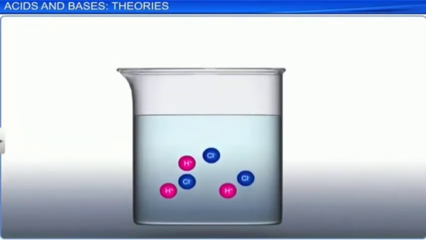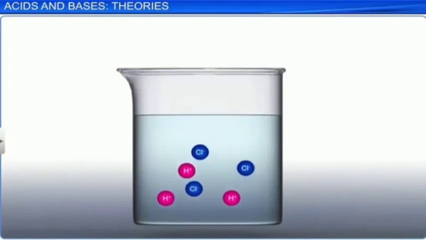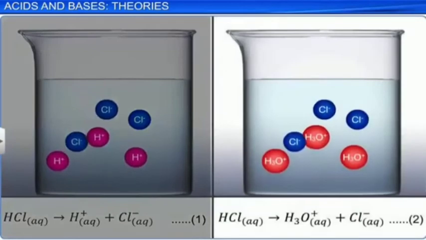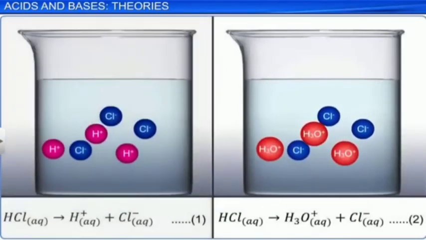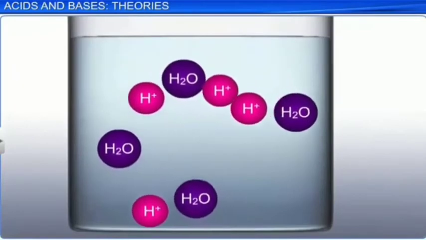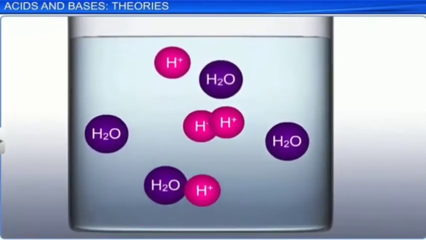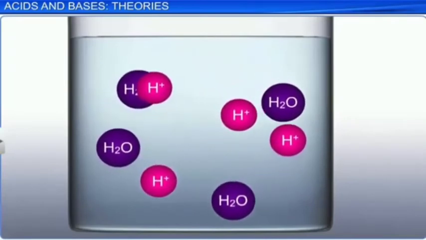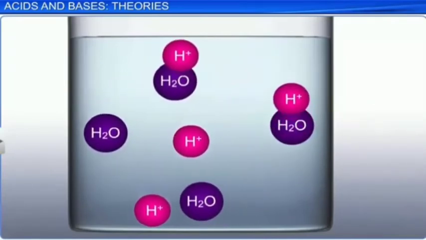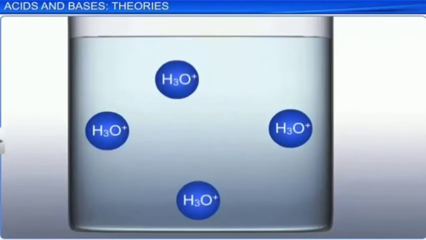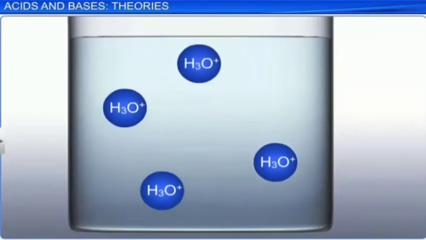The ionization of HCl is shown in equation 1 or 2. The H+ is very reactive and cannot exist independently in aqueous solution. Instead, it binds to the oxygen atom in a water molecule to form the H3O+ hydronium ion.